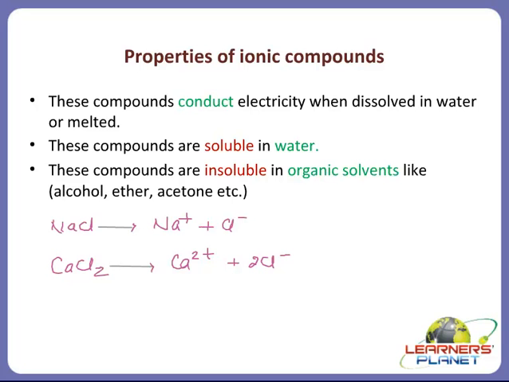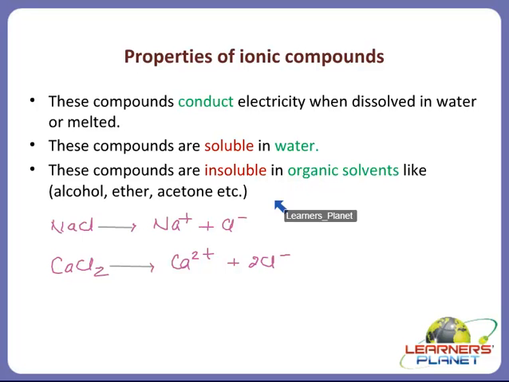Because they are not forming ions. These compounds are soluble in water. They are also soluble in water because they will move into water and they will form what? Ions. Okay? These compounds are insoluble in organic solvents like alcohol, ether, acetone as well as benzene.